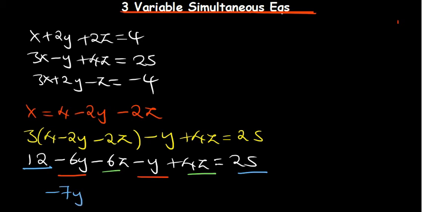Negative 6z plus 4z is just negative 2z, and then on the other side 25 minus 12, because we'll add a negative 12 on both sides. So that's going to be 13, right?